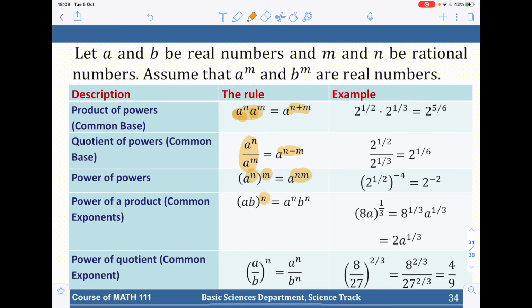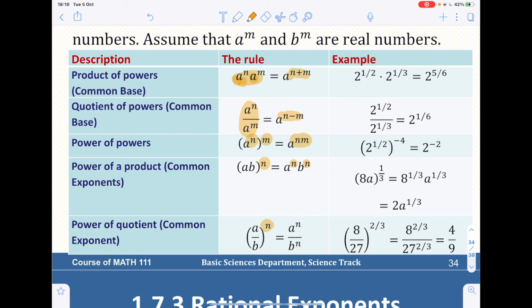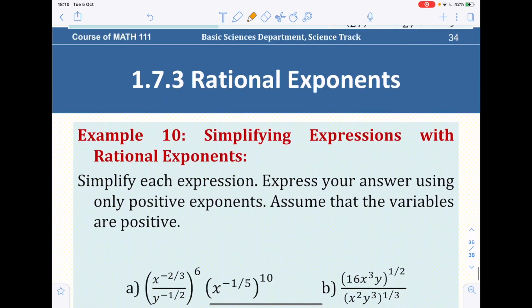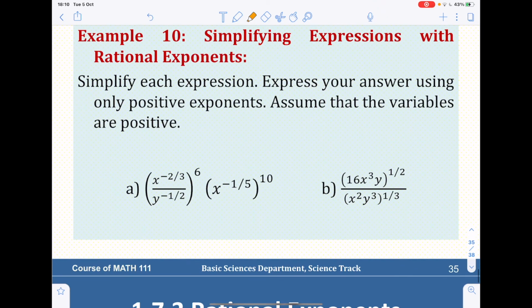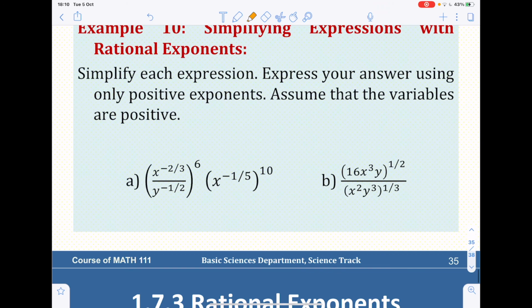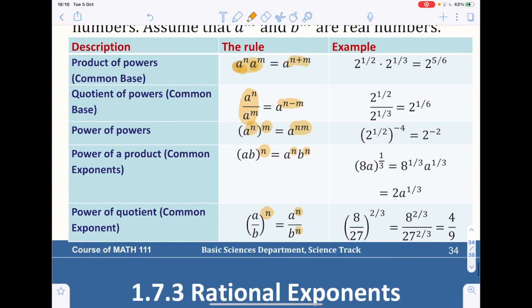And if we have a power of a product, we apply the power to each factor of the product. And also here, it seems like we distribute the powers to the multiplication and to the division. So let's have these examples here to apply these rules.